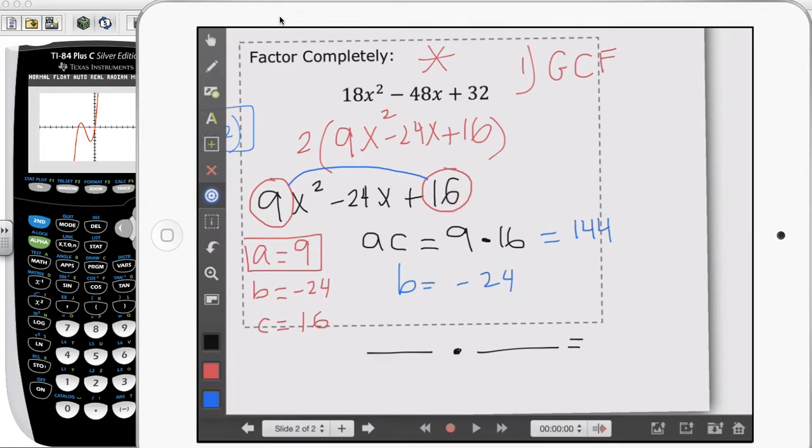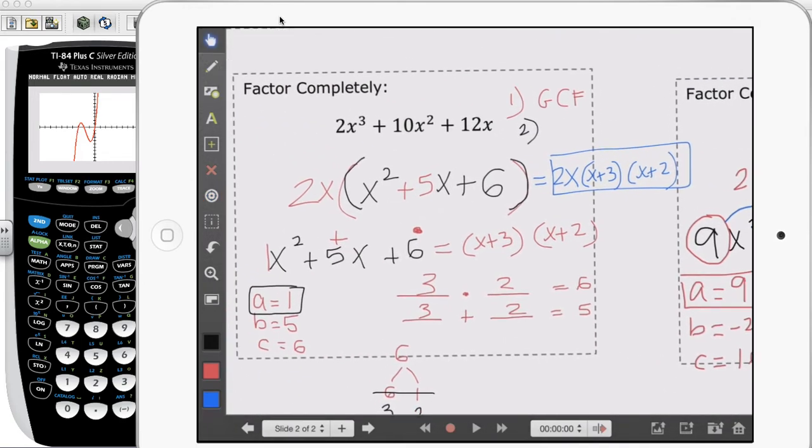Then you have to find 2 numbers that would multiply to give you 144 and would add to give you the middle term, which in this case is negative 24. So it's always something that would add up to the middle term, whether A is 1 or not. Let me go back so you don't get confused.